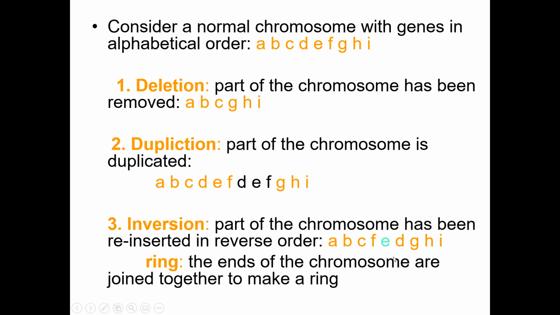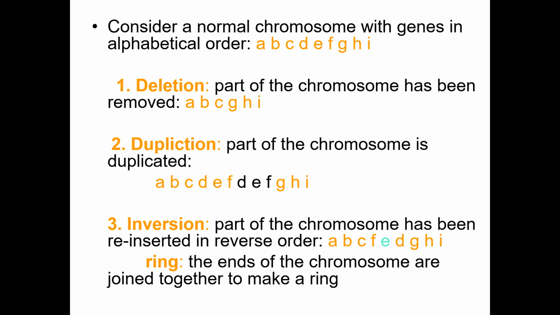See, this part of the sequence has been reinserted in a reverse manner. Actually, E should come after D, but it has come before it. This gene has come before this gene. So this is what you call inversion.